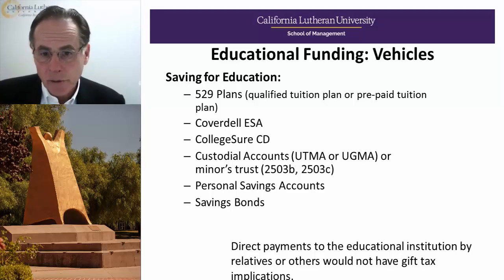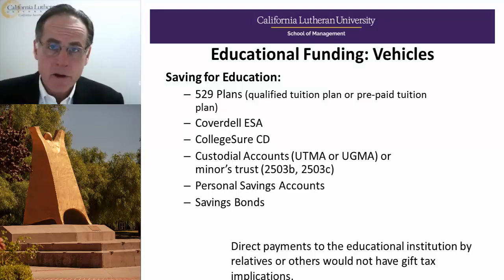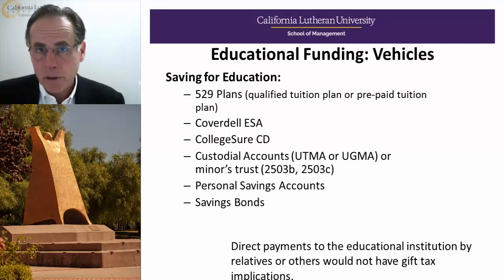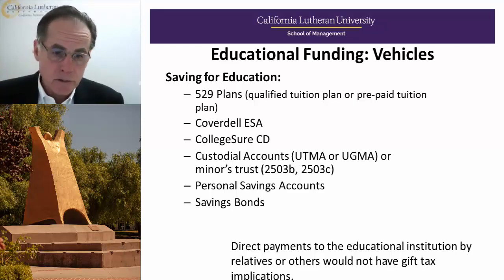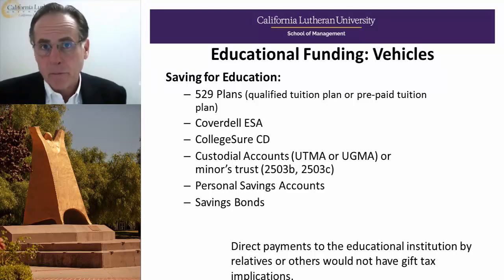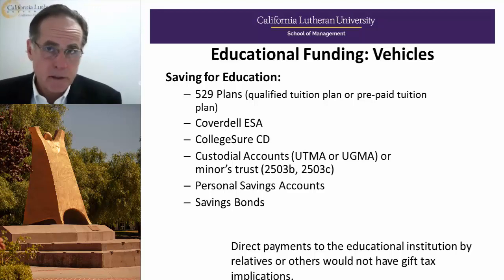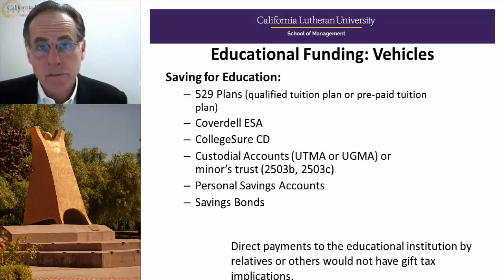There could be custodial accounts now, such as the UTMA, the UGMA. There can be minor trusts. There can be personal savings accounts, use of savings bonds. And this list of vehicles certainly span from tax advantage to simply taxable accounts. And the idea that perhaps you want a combination of the two.